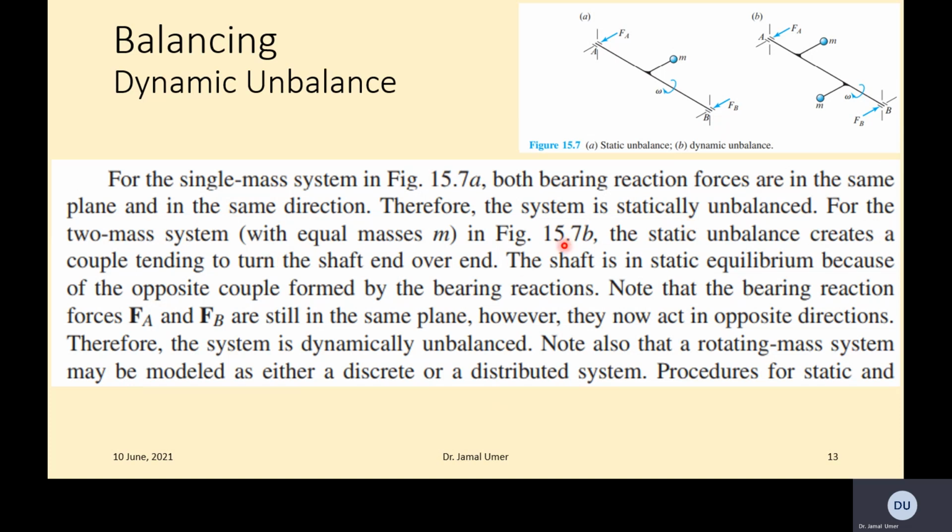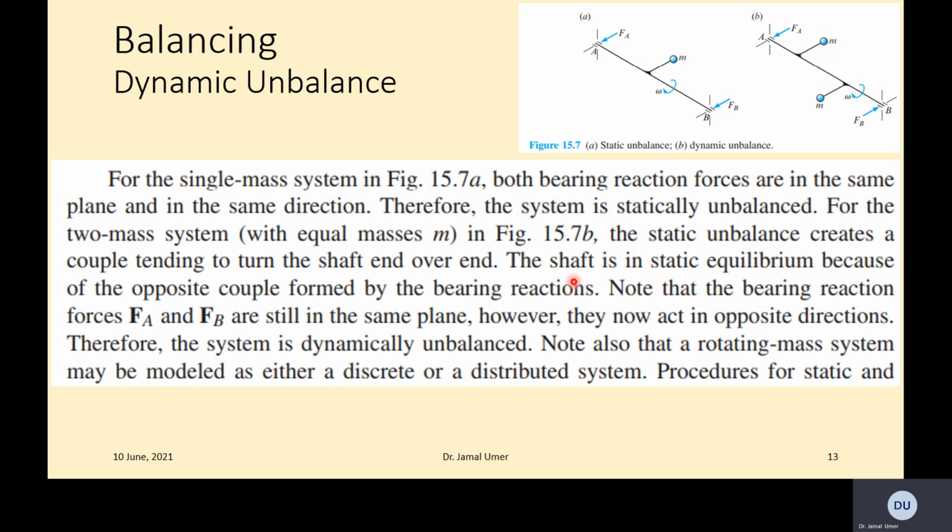For two masses in this figure, the static unbalance creates a couple tending to turn the shaft end over end. The shaft is in static equilibrium, because along with this mass you have placed another mass with the same radius and equal mass, so you are causing an equal situation.